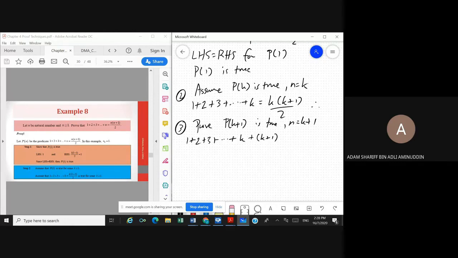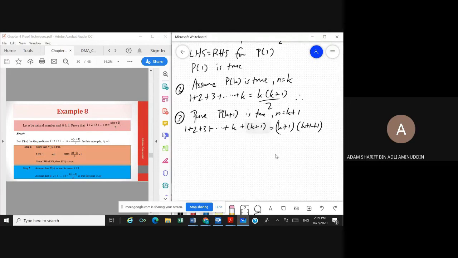I must show that the right hand side will be k plus 1 times k plus 1 plus 1 over 2.